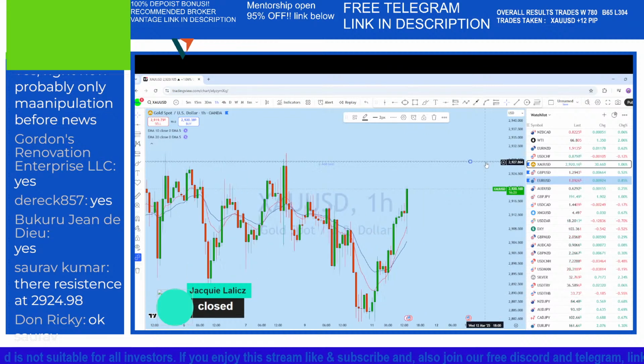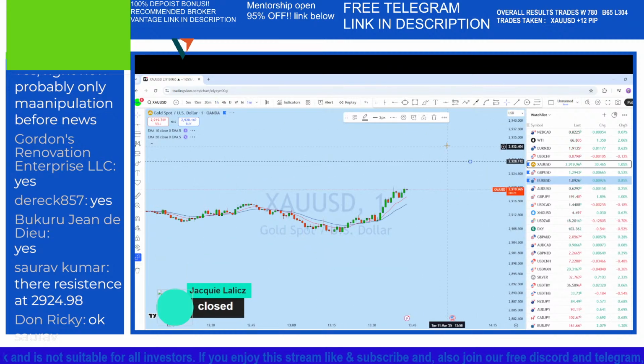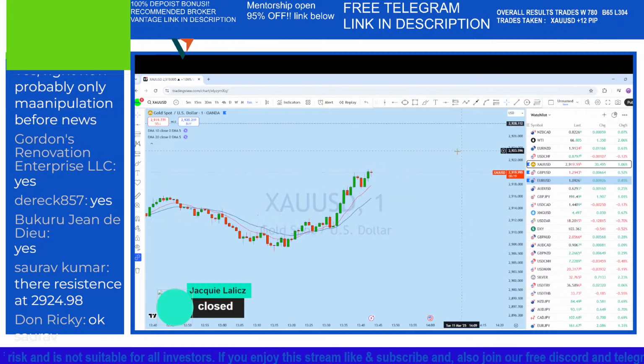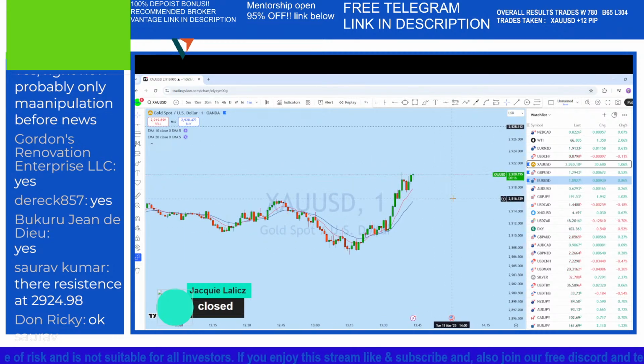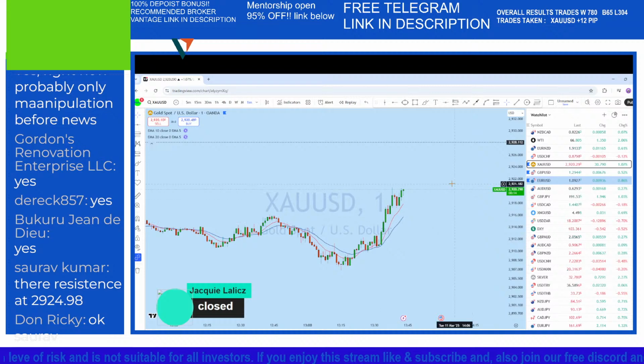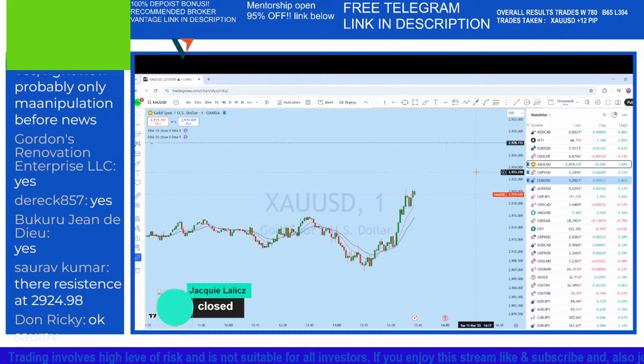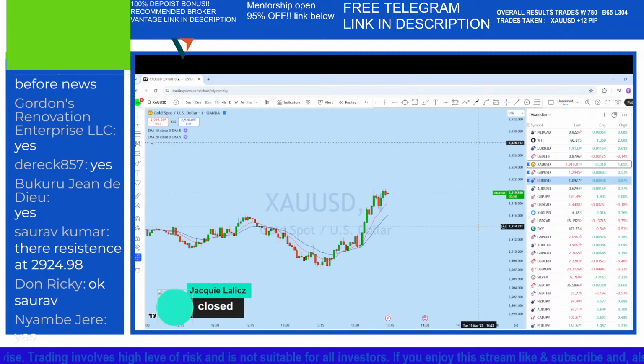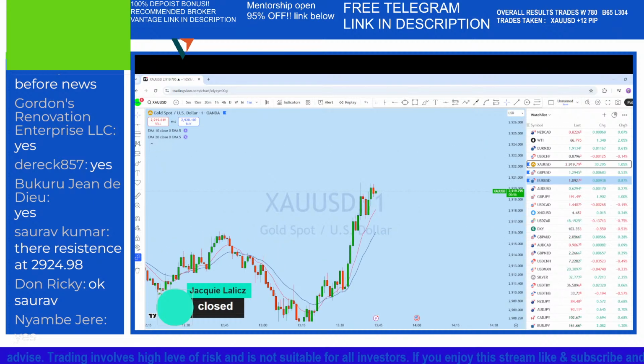And so you can see a narrow red candle on the 1 minute, also showing potential bullish continuation here. So before the news, the market is pretty bullish at the moment.